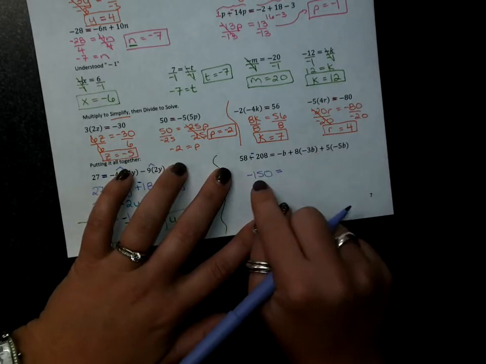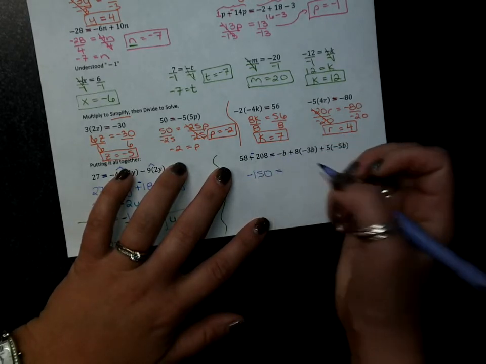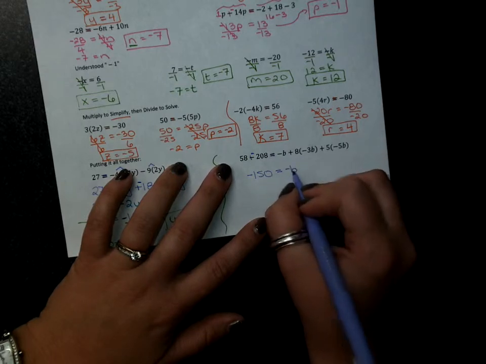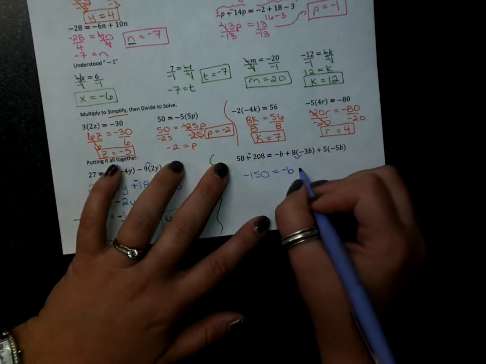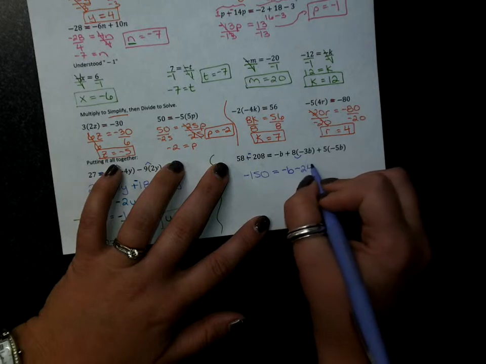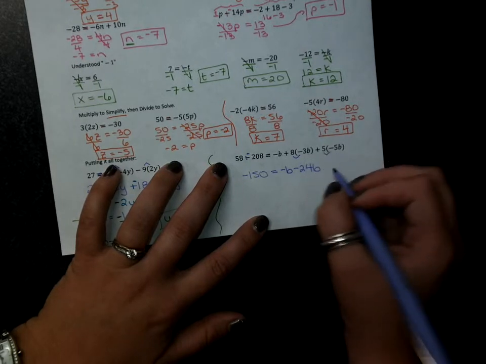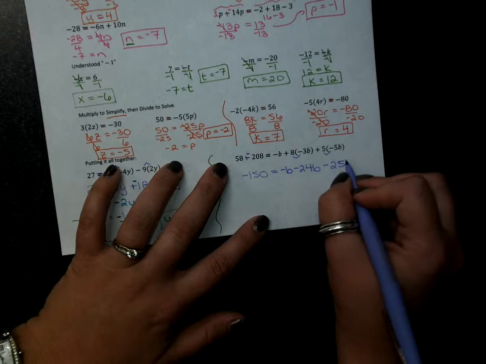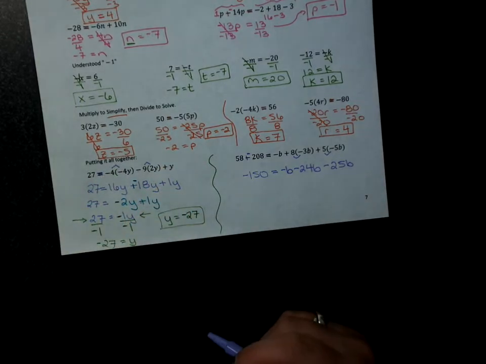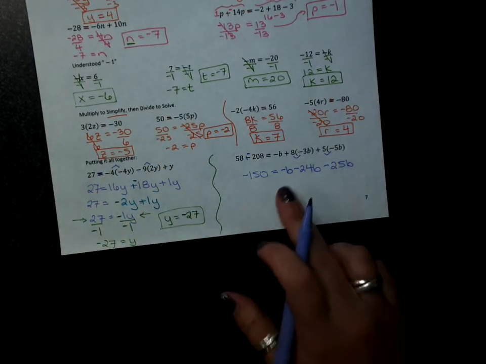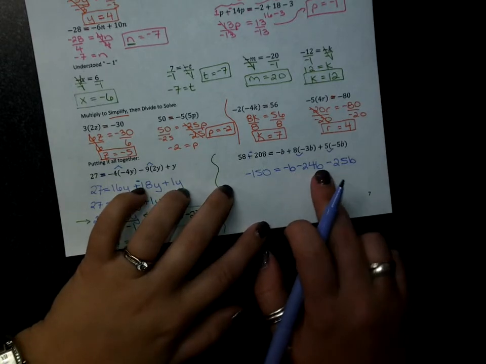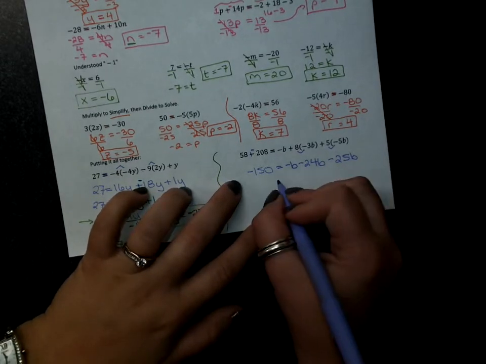Alright, so we combine like terms there. Here's my equal sign. -b we can leave alone. We'll multiply those out. That makes negative 24b. We'll multiply those out. That makes negative 25b. So we have negative 150 equals negative b minus 24b minus 25b.